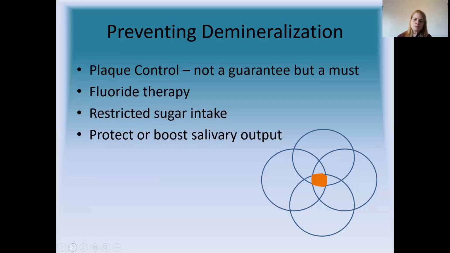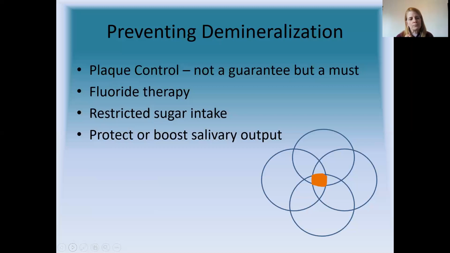Then we talked about prescription toothpaste, the Prevident, being 5,000 parts per million. We talked about some of the mouth rinses, or you had to do your assignment, where it looked at mouth rinses being between 125 and 250 parts per million.